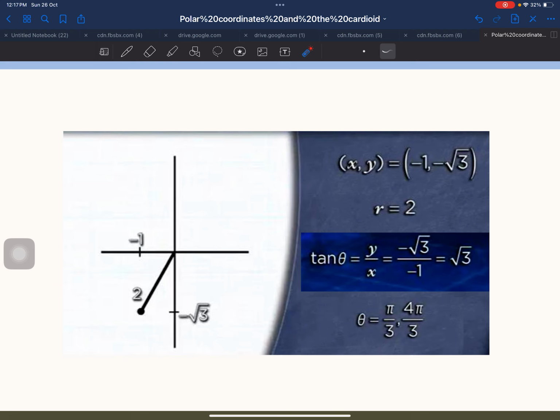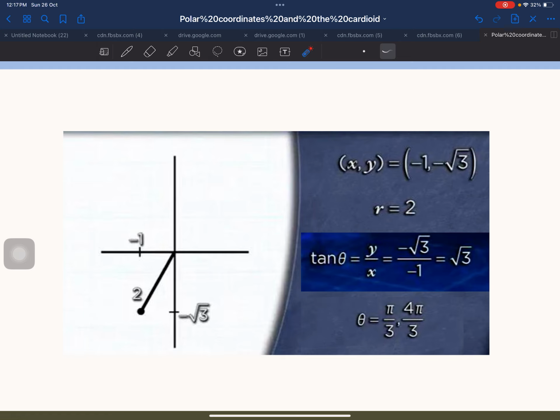This one is a little tougher. First of all, r squared is the x coordinate squared plus the y coordinate squared. R squared equals x squared plus y squared.